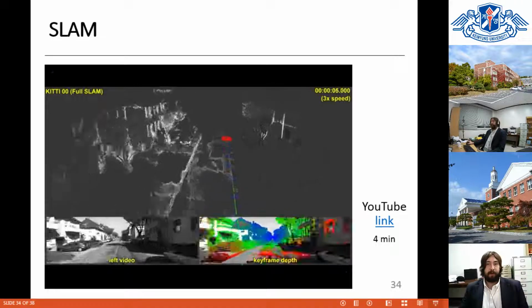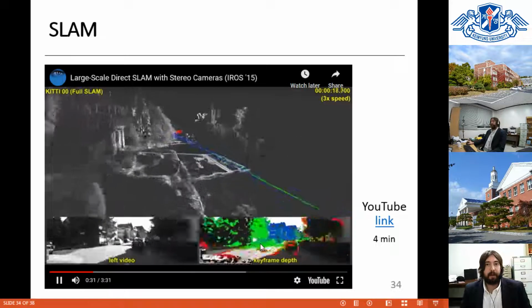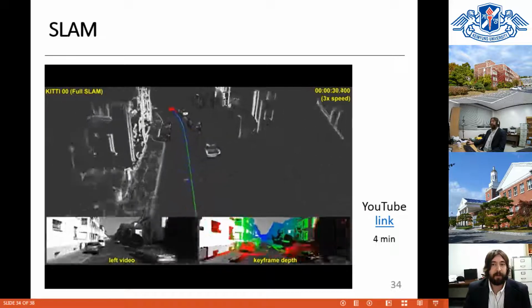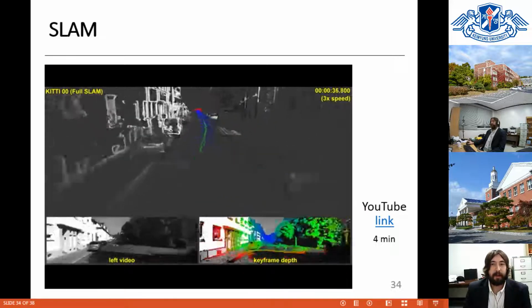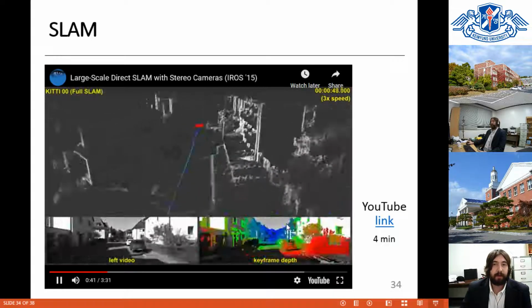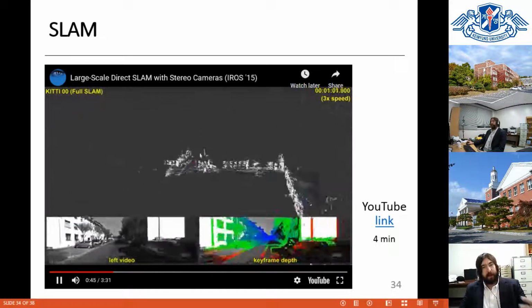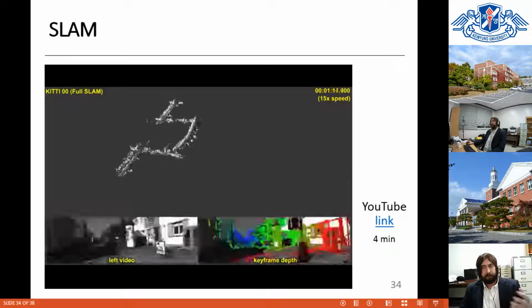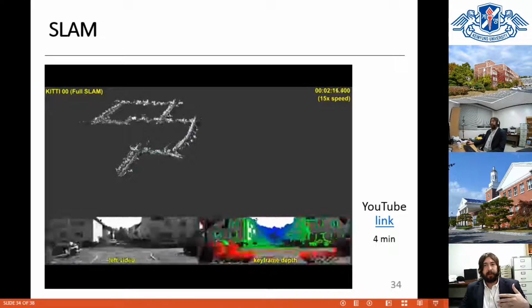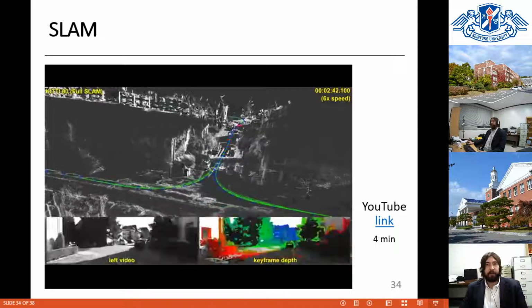In the second example, as you see here, a car is moving along some street, and the SLAM camera takes videos of everything it can see, and then a 3D model can be generated from those videos, because SLAM cameras can understand the depth of the image, so they can understand the distance from the camera to any object it can see.